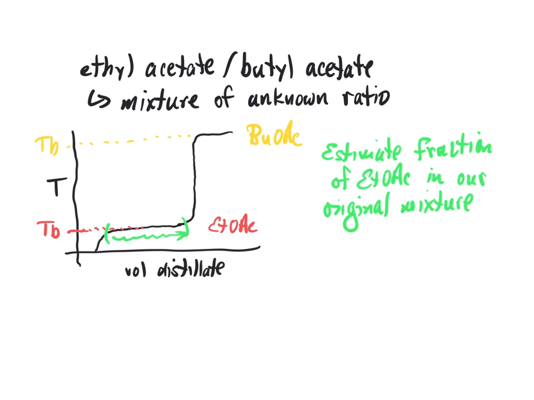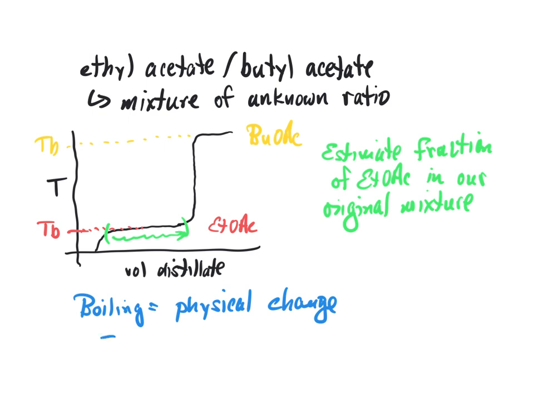Okay? Now, a couple of things to remember. Boiling is a physical change. We're not changing the identity of either molecule. We're only boiling them and then recondensing them, and hopefully recondensing them in a way that separates the more volatile component, the ethyl acetate, from the less volatile component, the butyl acetate.